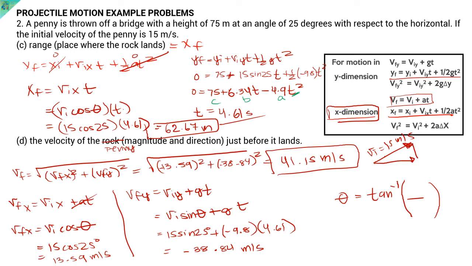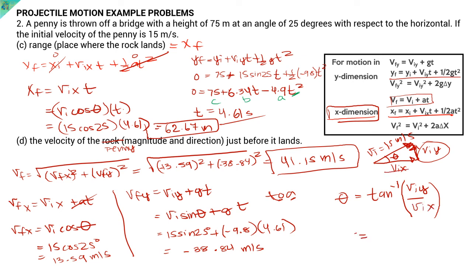And if we are searching for the angle here, this is our Vfy and then this is our Vfx. If we are searching for the angle, our Vfy would be the opposite. So in TOA, that's opposite over adjacent, you're searching for the angle. So our opposite would be Vfy, and our adjacent is Vfx.